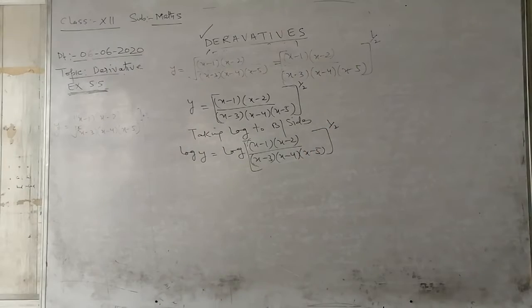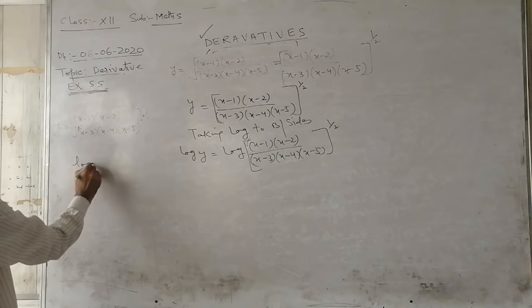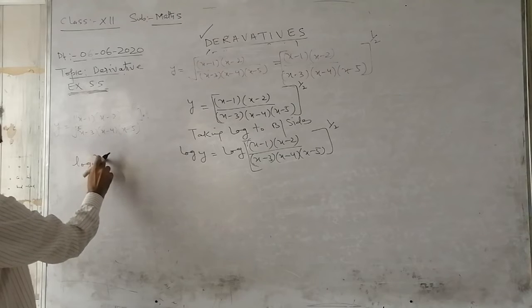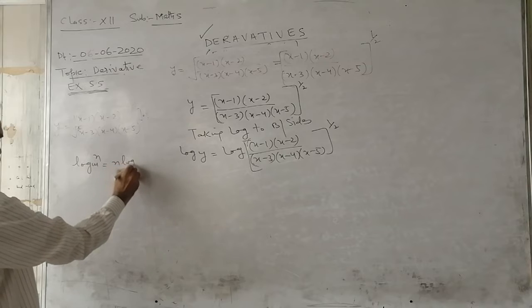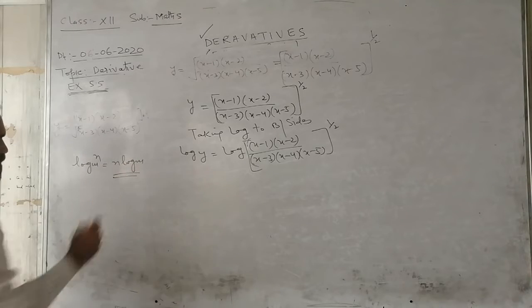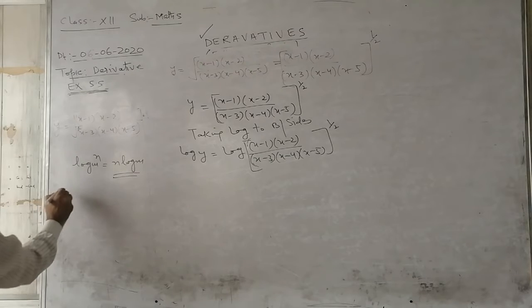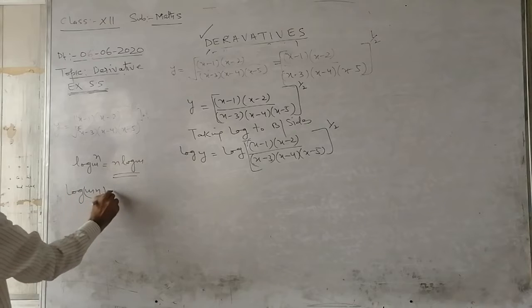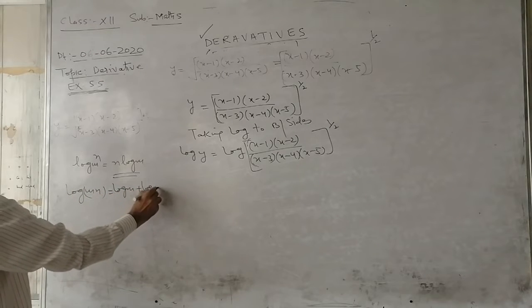Now we have the formula log m power n, so the exponent comes to the base. This is a basic formula of log. There are three basic formulas of log. One is log mn, that is m into n, it is log m plus log n.